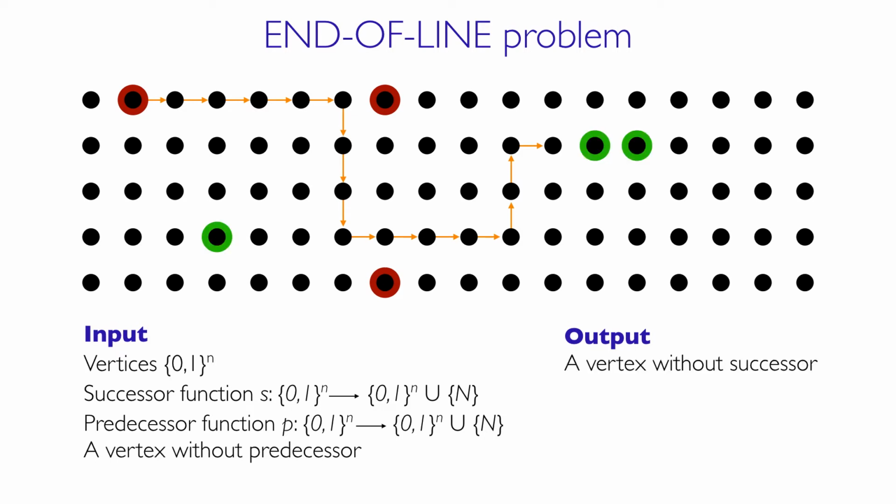The output of the problem, that is, what we are searching for, is a vertex without successor. In the picture, these vertices are in green. So, in practice, we know a starting point, we have a polynomially computable function to build a path step by step, and we want to find the terminal vertex of the path, that is the end of the line.